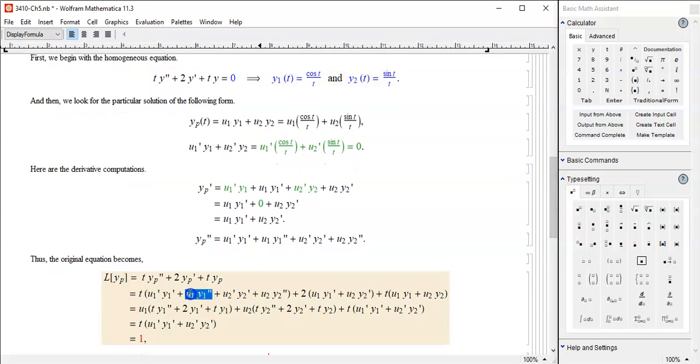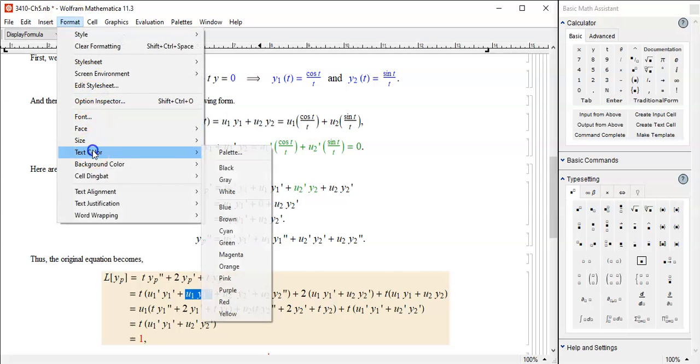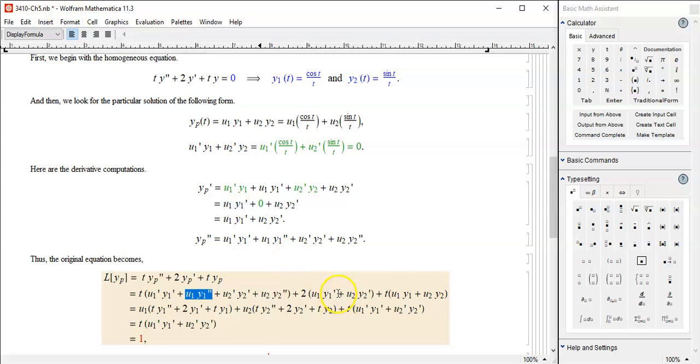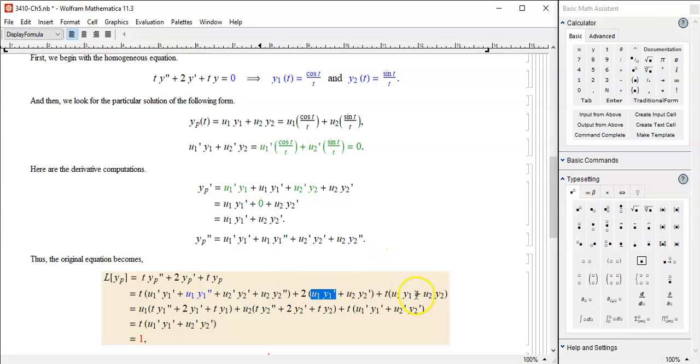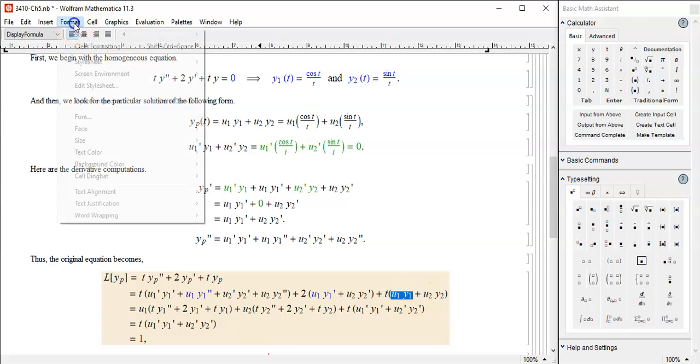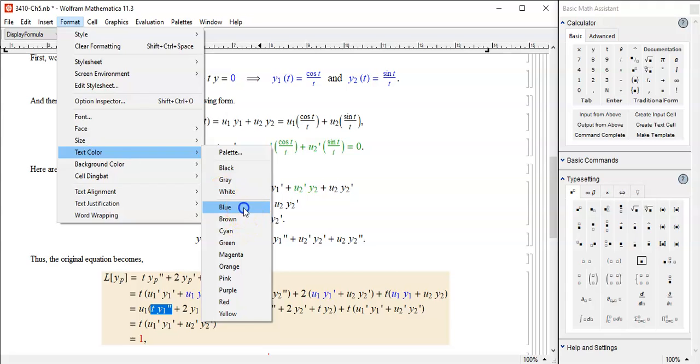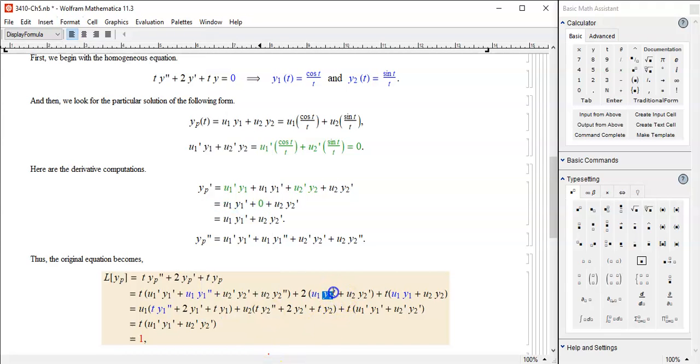Let's look at this again. This one, this one, and this one. And then take this u1 out. What's left will be y1 double prime times t. So here we go. Next, y1 prime times 2.